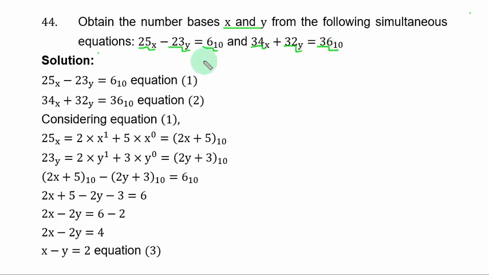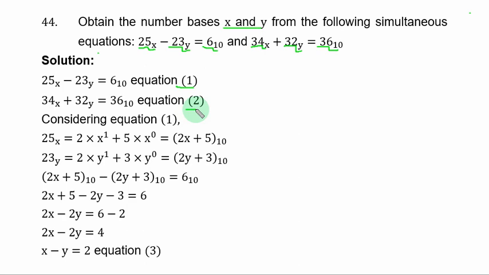So we write the two equations and label them equation 1 and 2 respectively. We need to convert the left hand side of both equations to base 10.